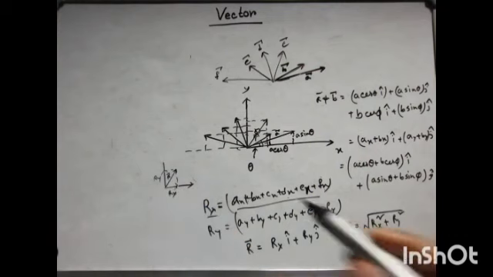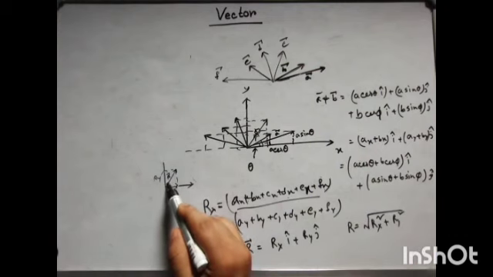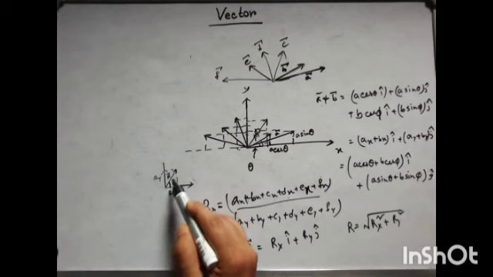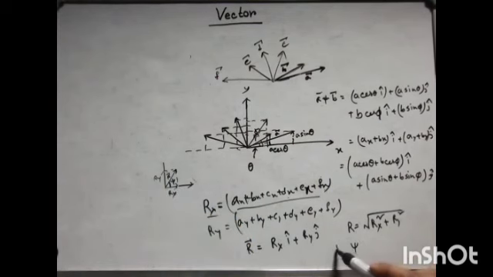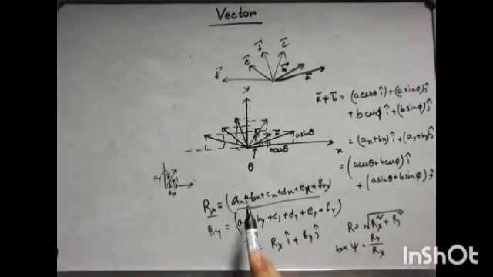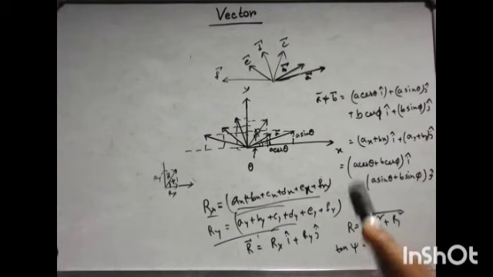And the angle it will make, suppose say this angle is psi, then tan psi will be ry by rx. You can find value of rx and ry from this formula. So in this way effortlessly you can add any number of vectors.